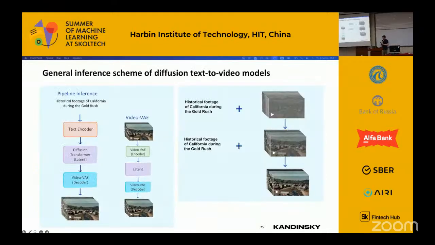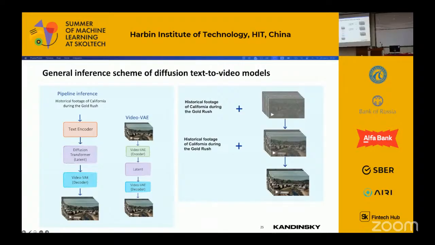Going further, we discussed a little bit the diffusion transformers and so on. How does the inference pipeline in diffusion, for example in video generation, look like? It looks like that. You have the video variational autoencoder. It's, one more time, a neural network that compresses the video and forms the latent space of these videos.